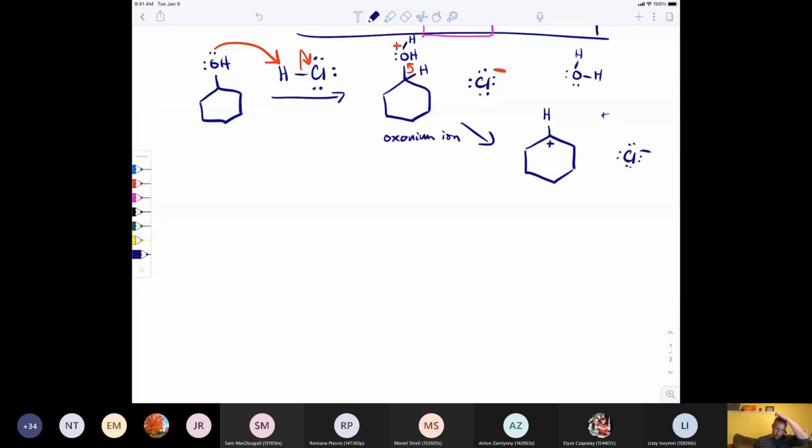Now, the next step is we have a nucleophile and we have a carbocation. Carbocations aren't very stable. Nucleophiles love to react with carbocations. And so it can come in, starts at a lone pair on the chlorine, goes to the carbon with the positive charge. So that means it's going to form a carbon-chlorine bond.